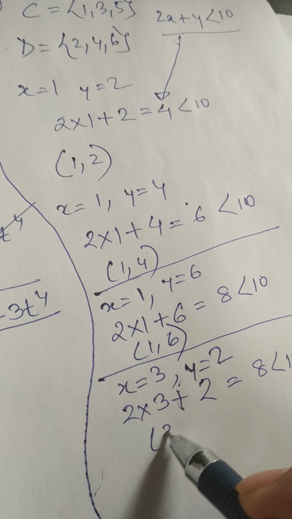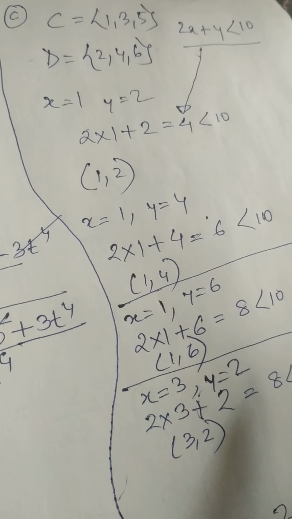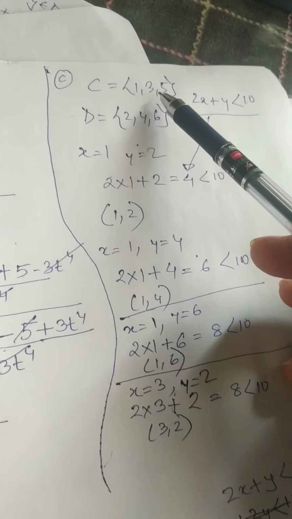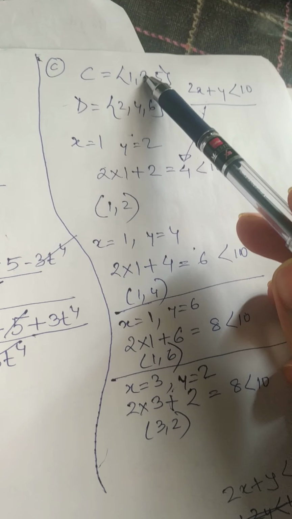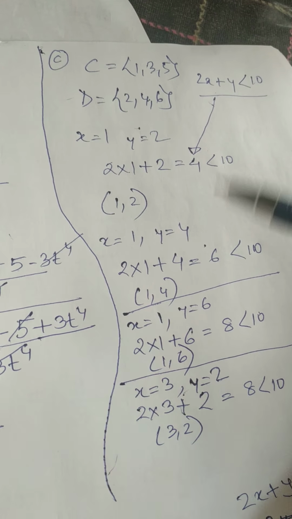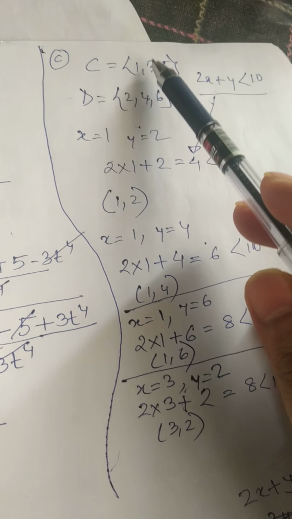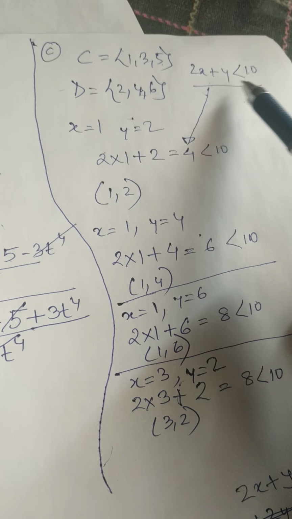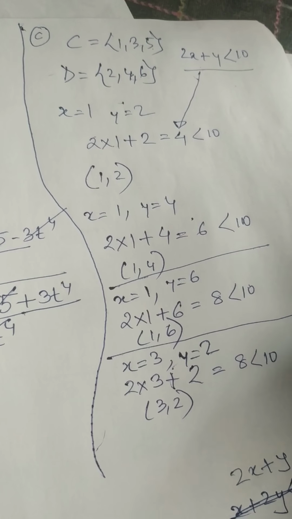So 3 and 2 is also considerable. After that, if we use x equals 3 and y equals 4, 2 into 3 is 6, 6 plus 4 becomes 10. If we use greater values, it won't be acceptable because those values will become greater than 10.